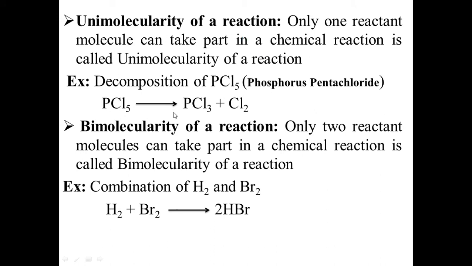Next one is bimolecularity of a reaction. Bi means two. Here only two reactant molecules take part in a chemical reaction, which is called bimolecularity of a reaction. Example, combination of H2 and Br2 gives 2HBr. This is bimolecularity of a reaction.